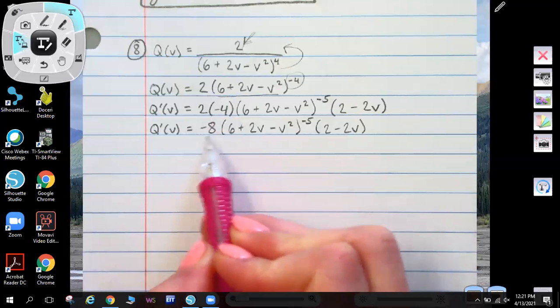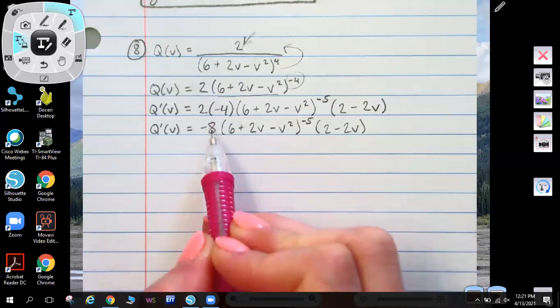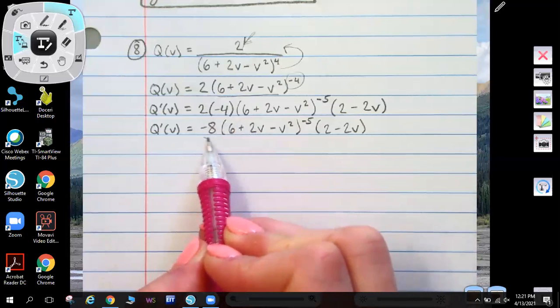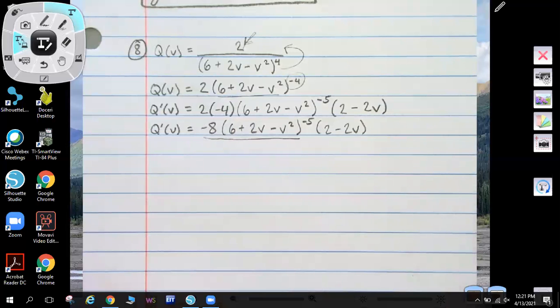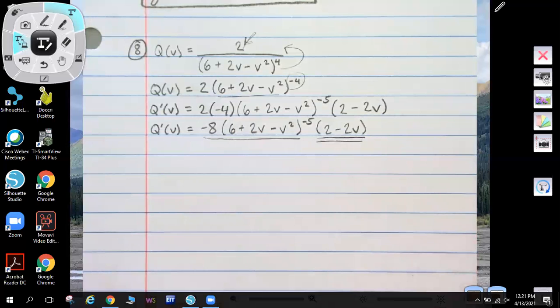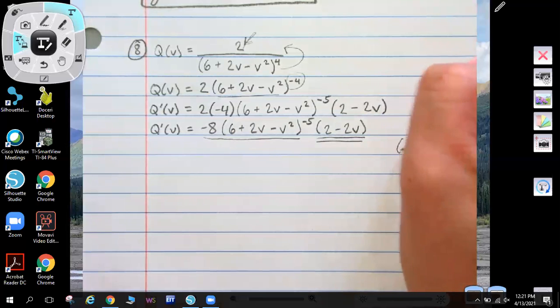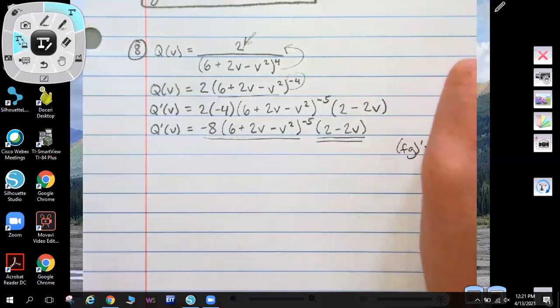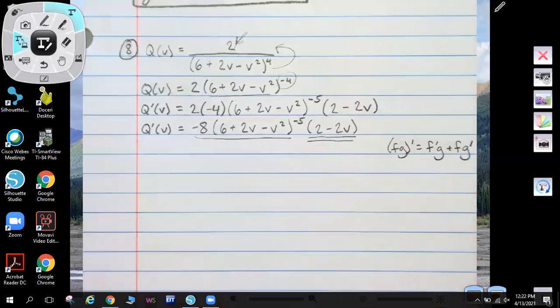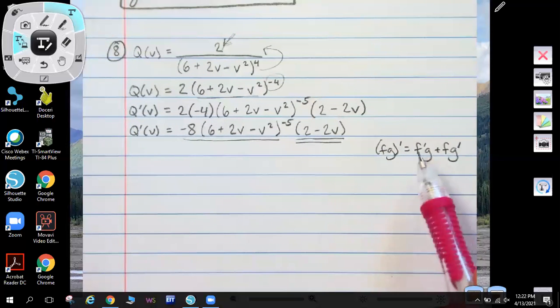Okay, so we're just going to group this -8 in with this first function. So this is our first function, this is our second function, and we're going to use the product rule, which is f prime times g plus f times g prime.